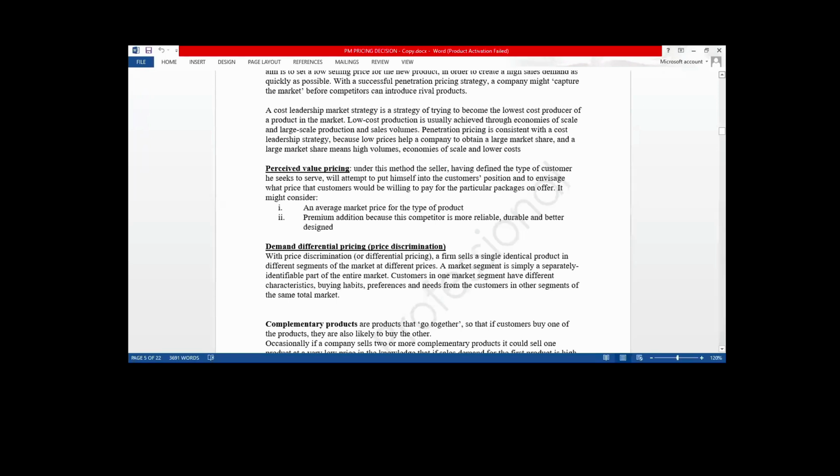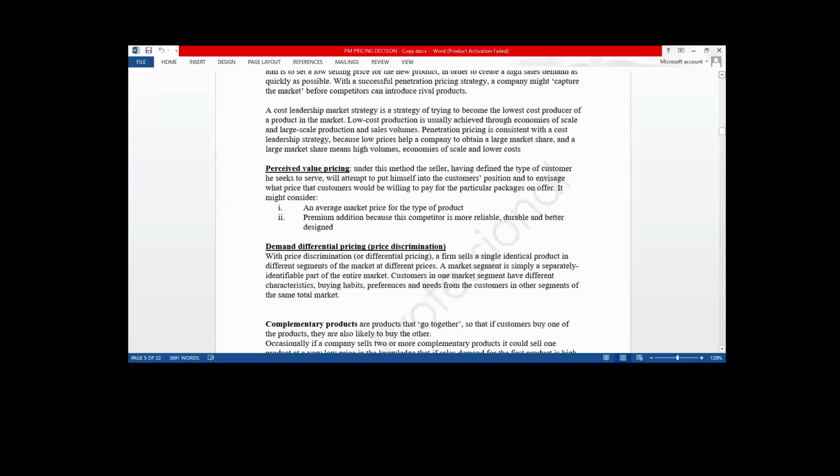Customer A may approach you, and you sell to that customer at 1,000. Customer B approaches you, you sell at 1,500. The same product. What are you doing? You are just doing a differential pricing strategy, because you are able to segment your market. Market segmentation. It's very possible.